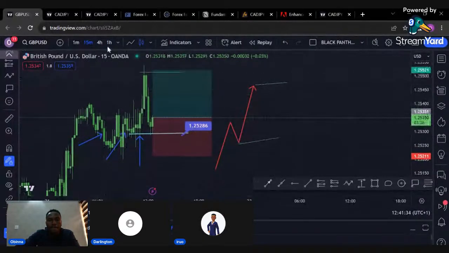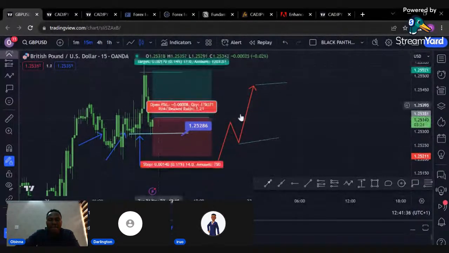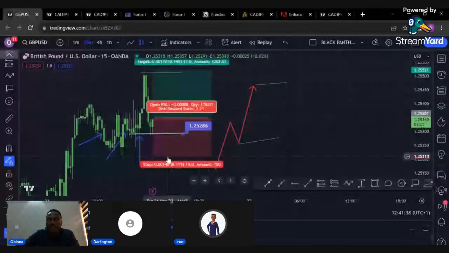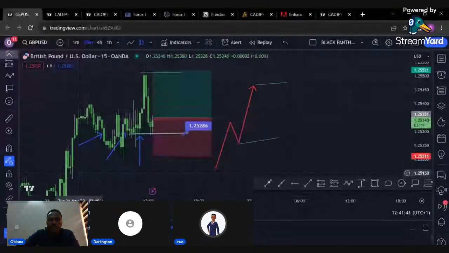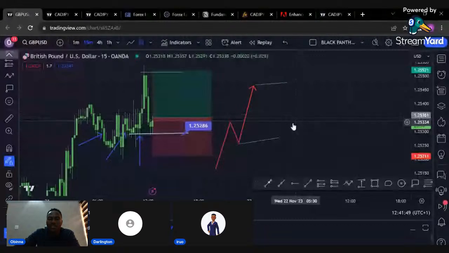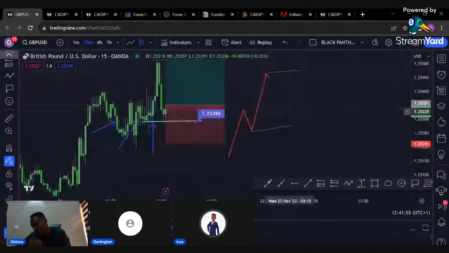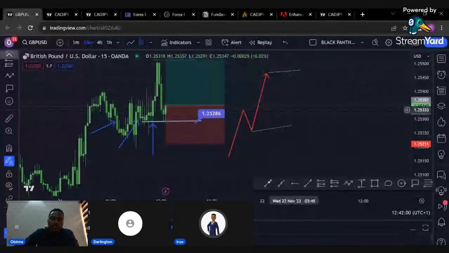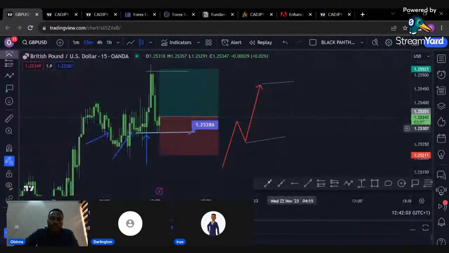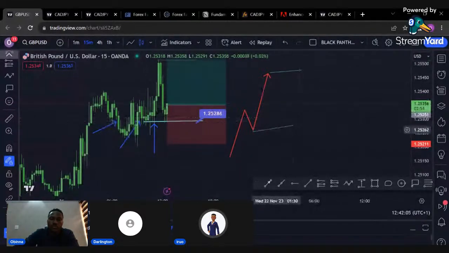No, it's fine. So for clarity, when we're identifying the higher low, we also consider price action, weak rejections at that point, not just the point where it reversed. When you say the point where it reversed, what do you mean? Okay, like GU now, we also have another point below that area, which is 1.25227, just below it.